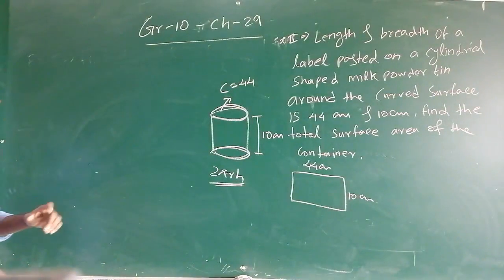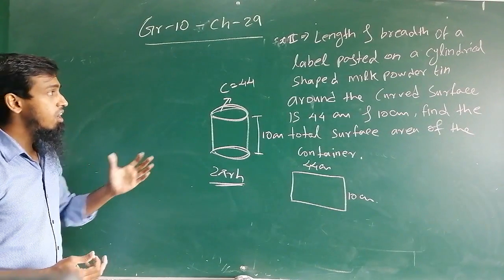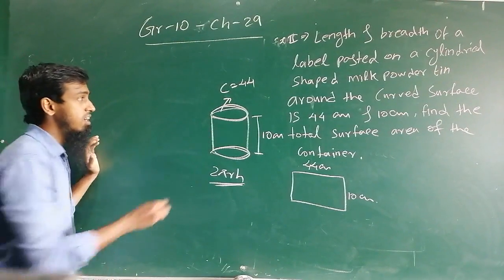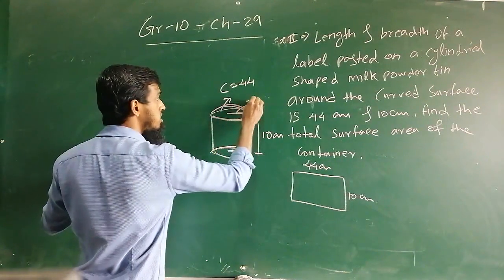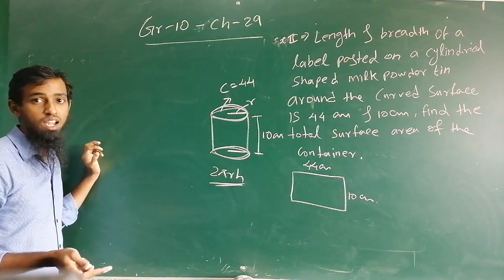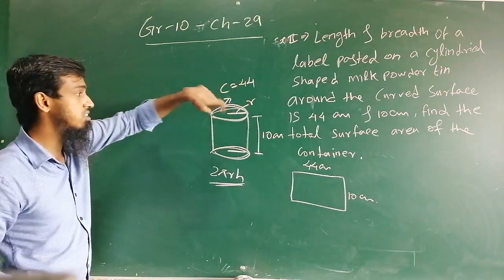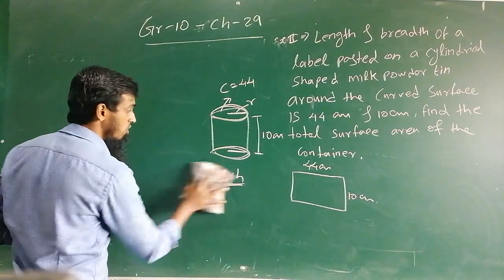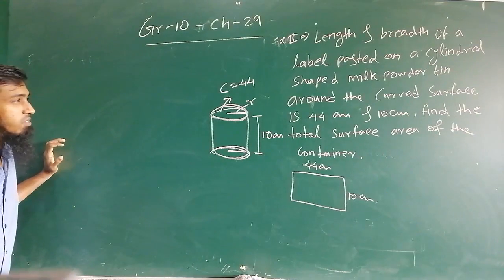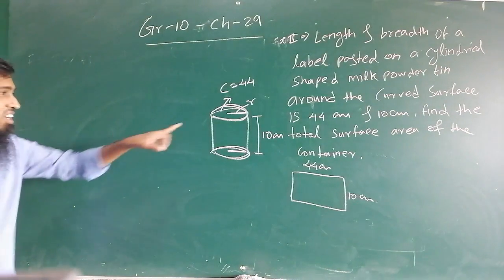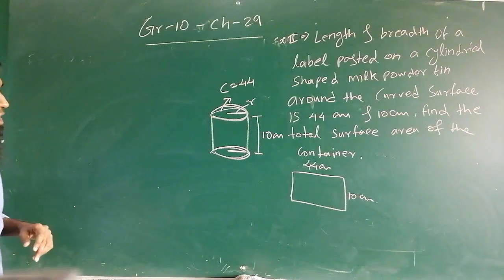They didn't give the radius of the base and top. Instead of the radius, they gave the circumference of the top and bottom. To find the total surface area, we first need the radius of the top and bottom.